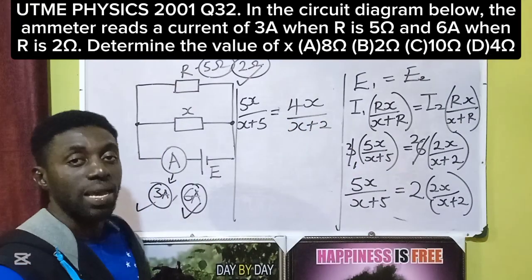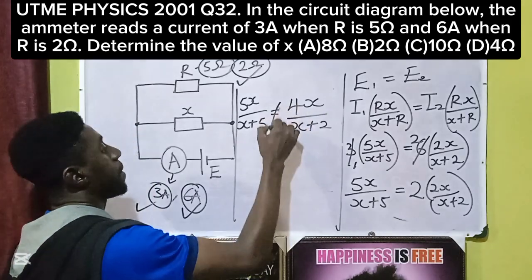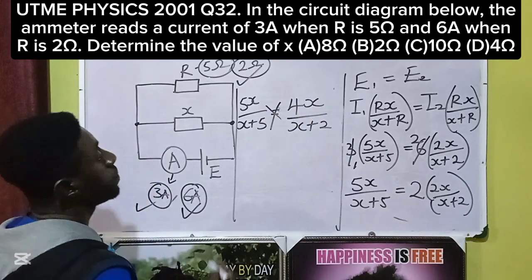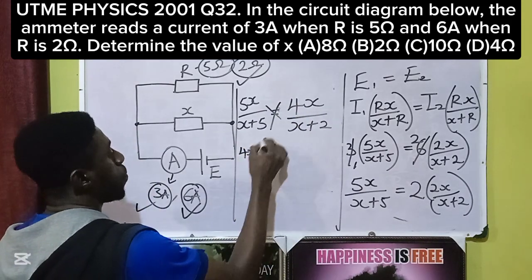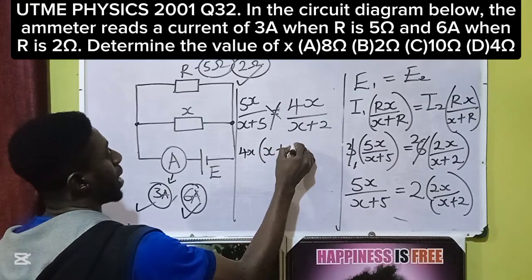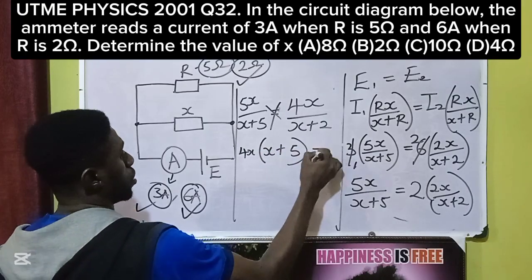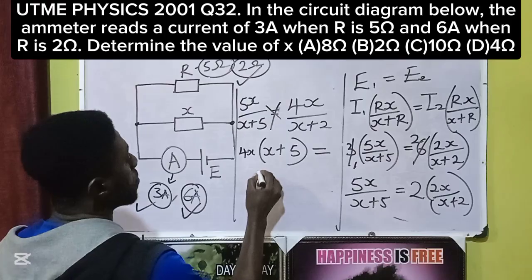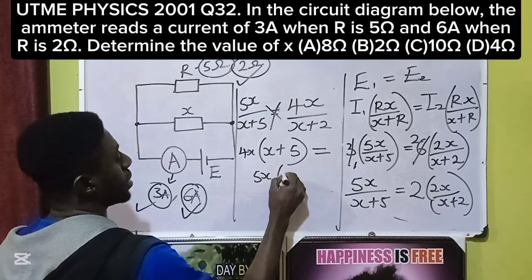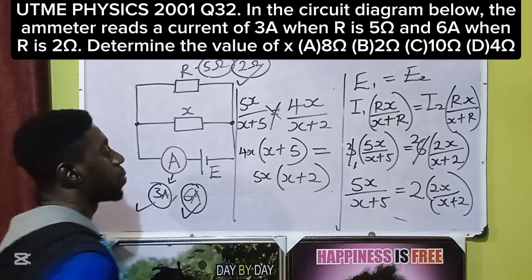Our target is to find x. At this point, we'll cross and multiply. Here we have 4x, open brackets, x plus 5, is equal to, here we have 5x, open bracket, x plus 2.